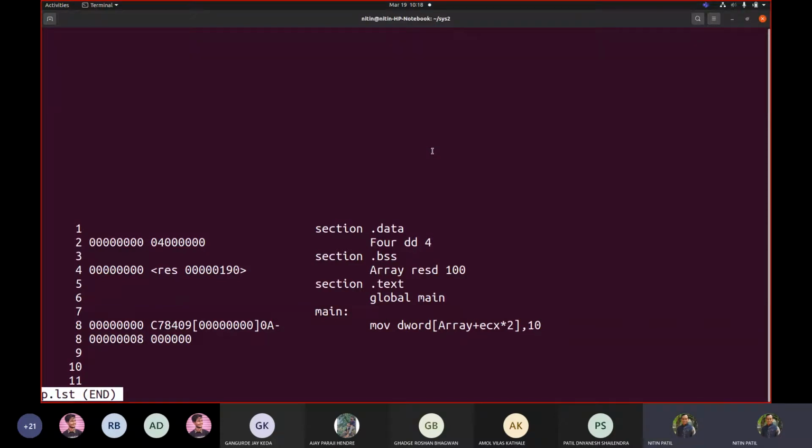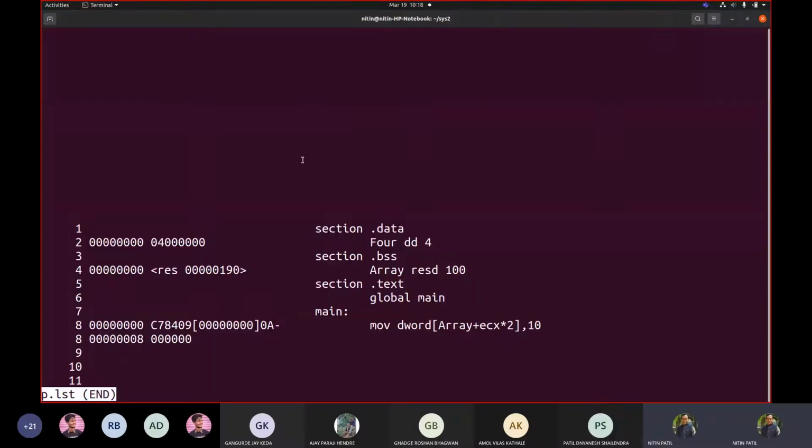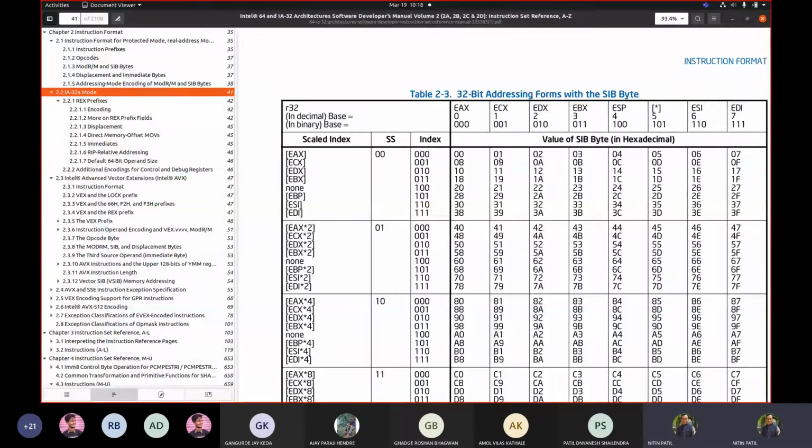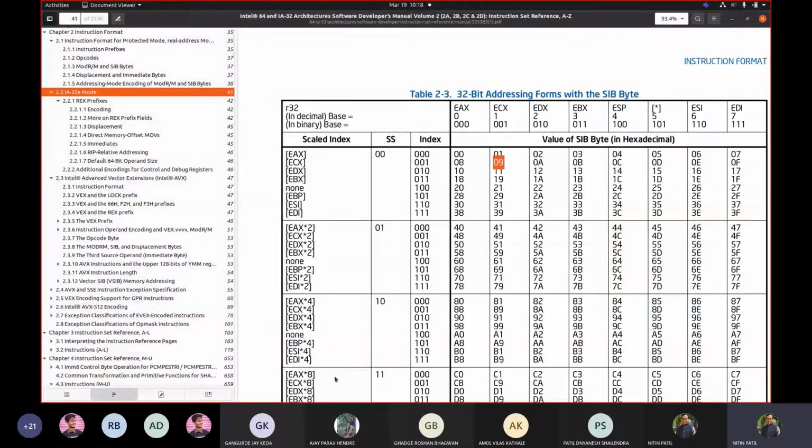If I see 09 in scale index byte, where is 09? I do see that it is ECX and we have taken multiply by 2. So was that 09 here or should it have been supposed to be at 84? Then what must be happening here that it is not giving me actually what I was expecting.